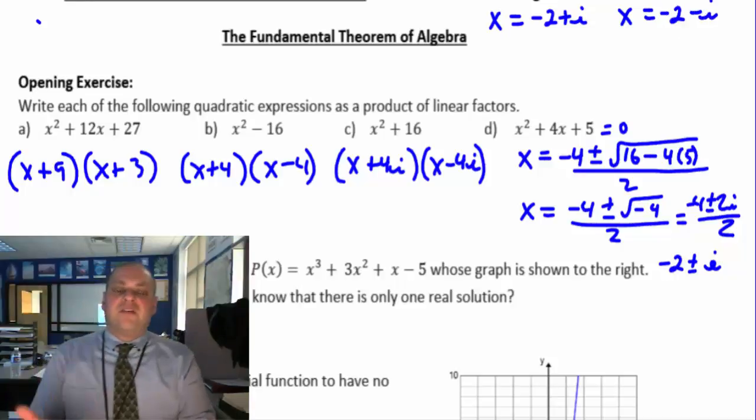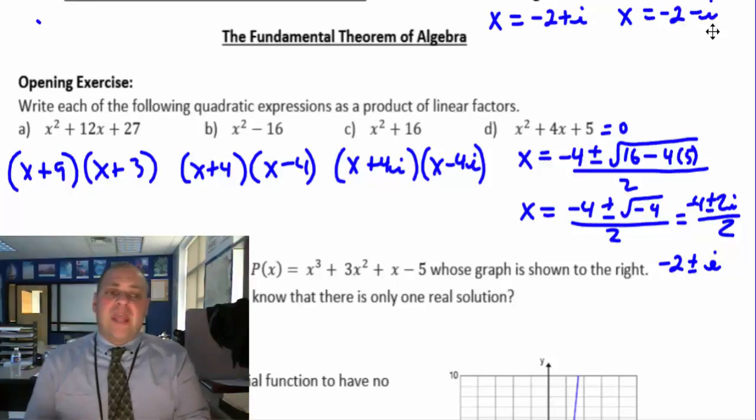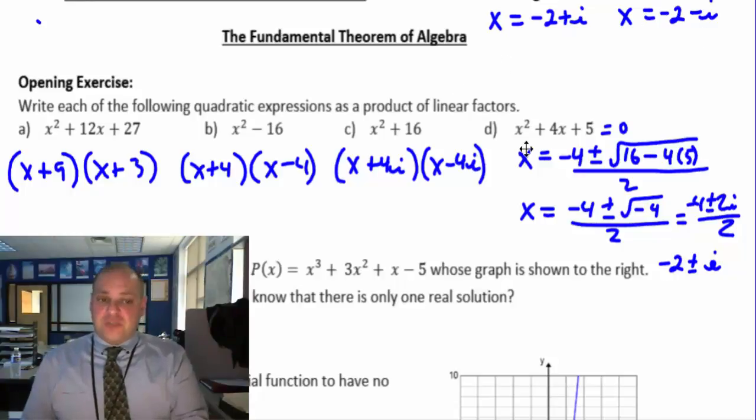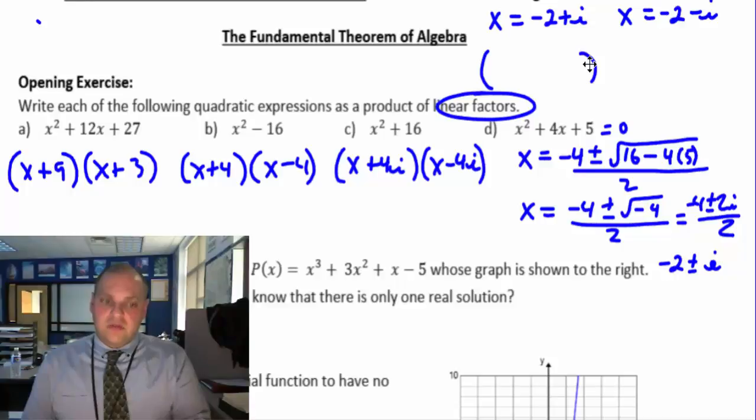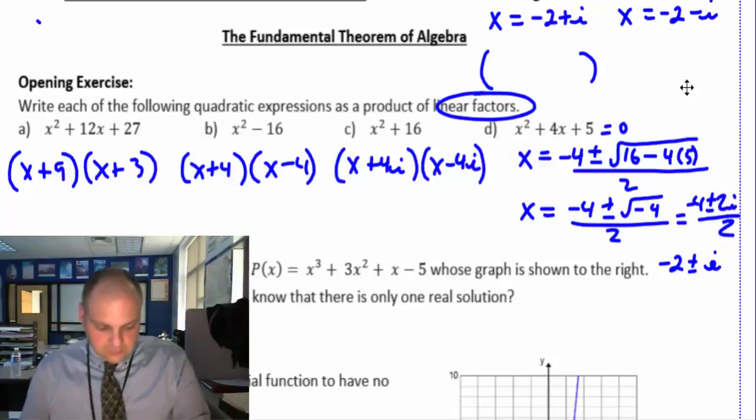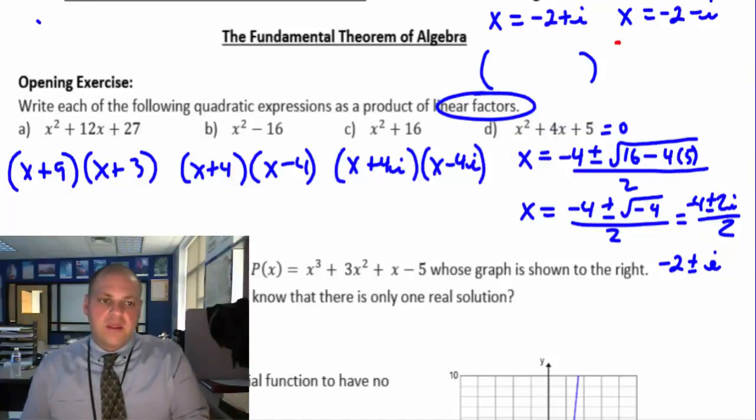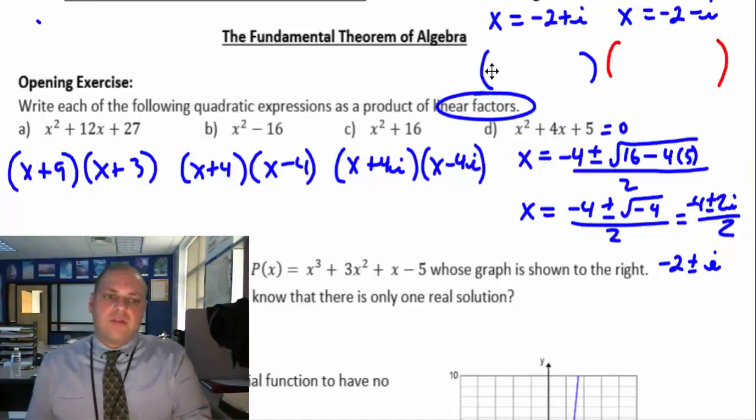We talked about these in lesson 35, how you would handle those kinds of roots. As factors, which is what we want, how would we write these?